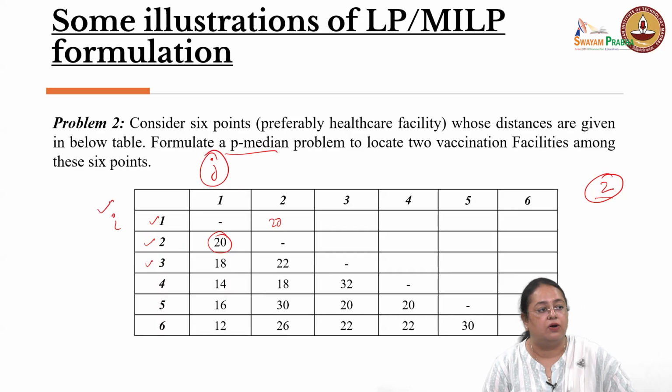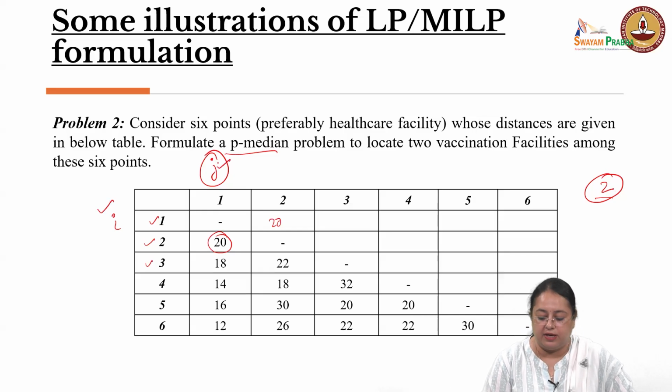Let's say we can take all node points. J we will take as the potential healthcare facility.